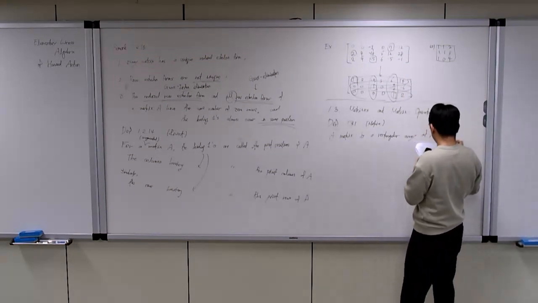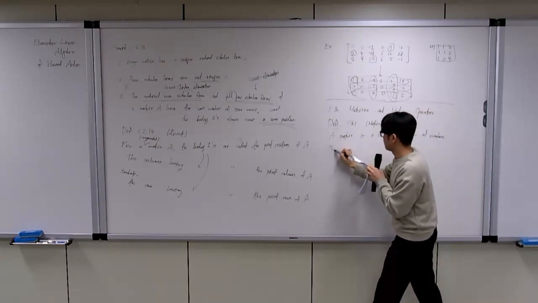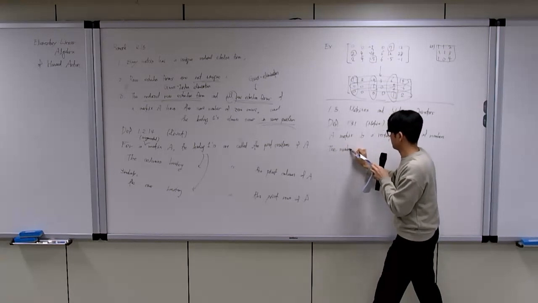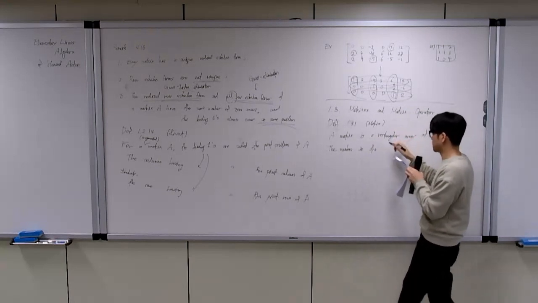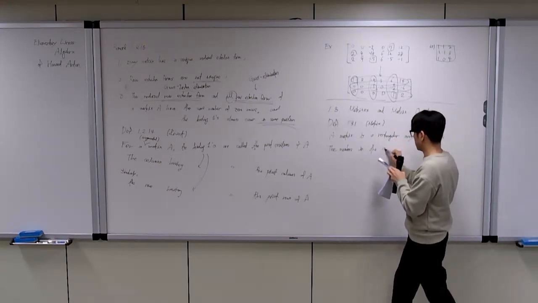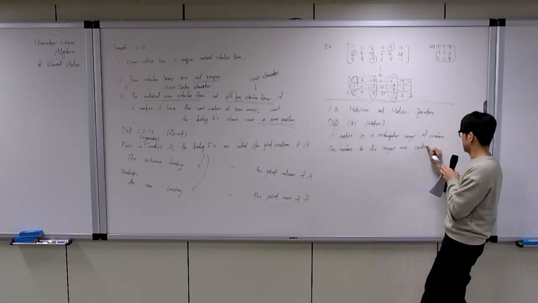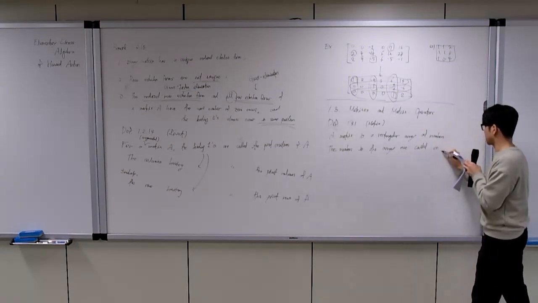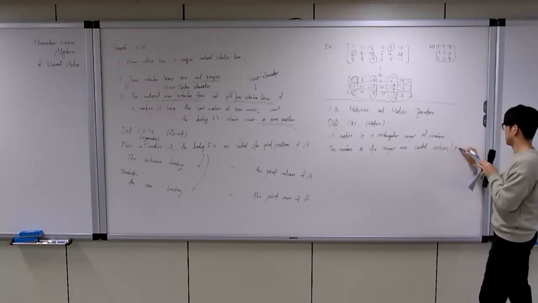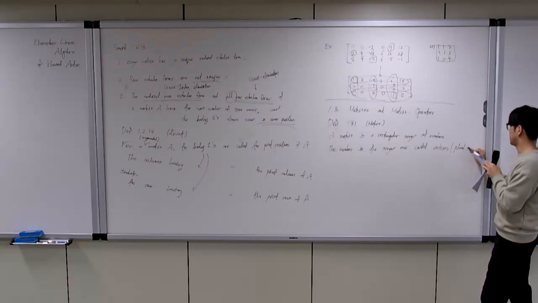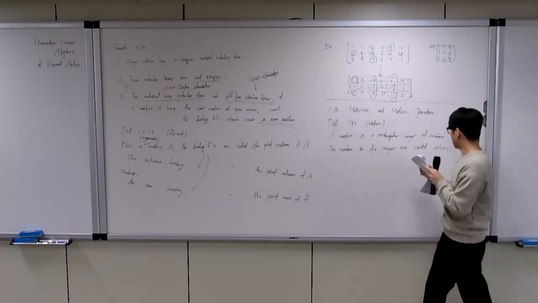And each number in the array is called an entry, or entries in the plural, of the matrix.